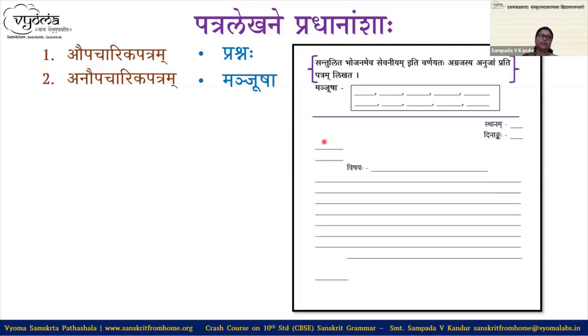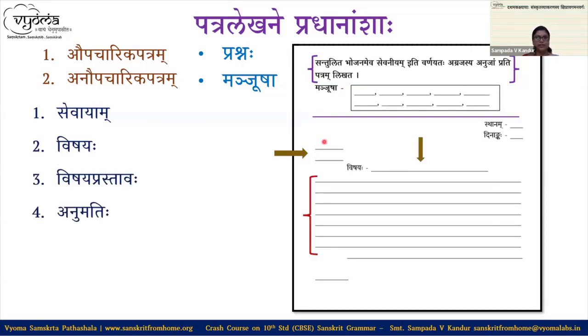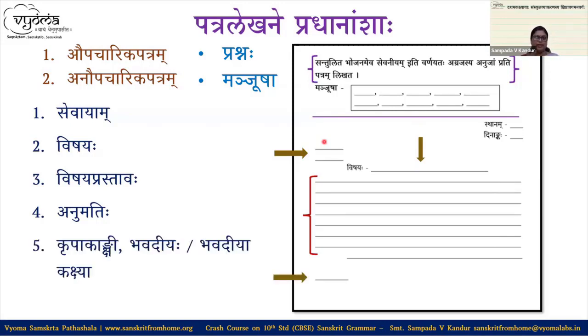Okay, so you will get words in Manjusha as you get in Chitra Varnanam. Now you see the arrows, observe the arrows. Here it will be Sambodhanam. Then this is Vishaya. Vishaya is the subject of the letter, and then Vishaya Prastavaha, where the topic is elaborated and explained. Then Anumati means taking leave, where you end your letter, where you say goodbye and you hope for a better future.